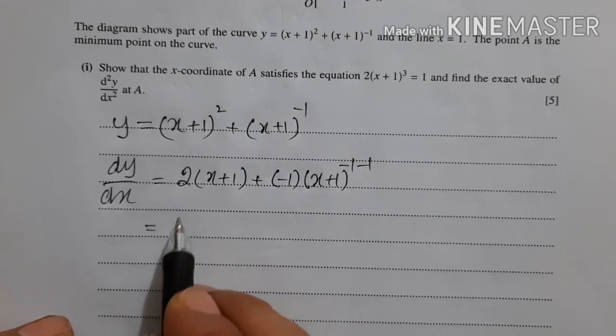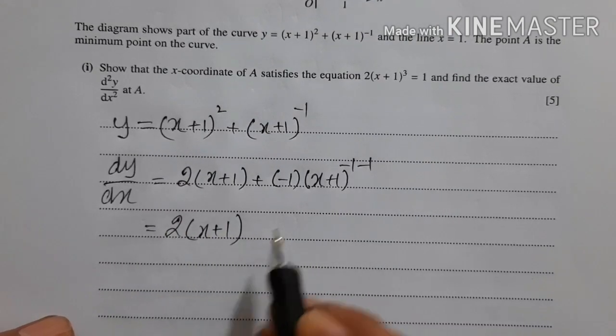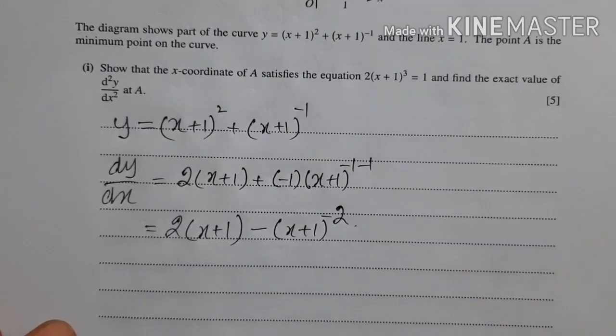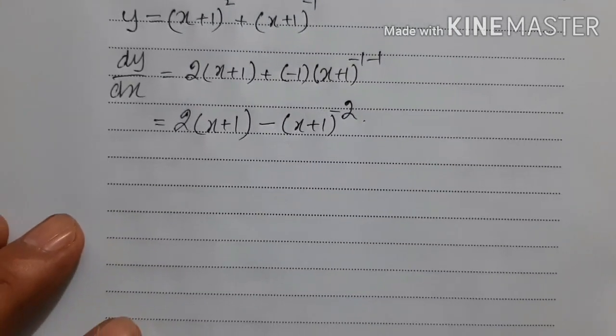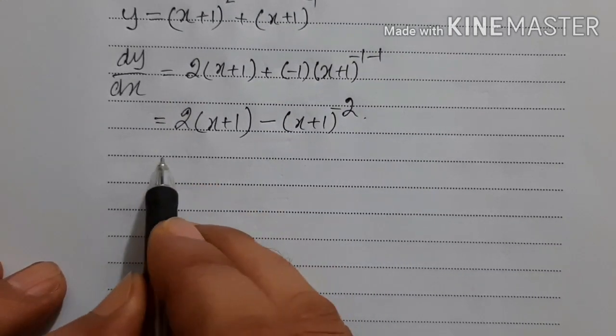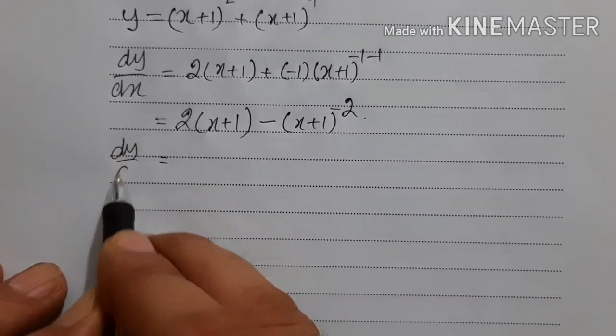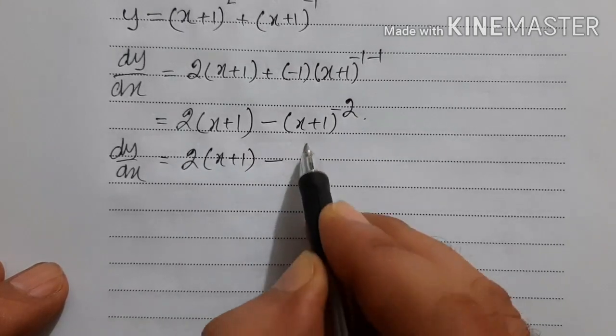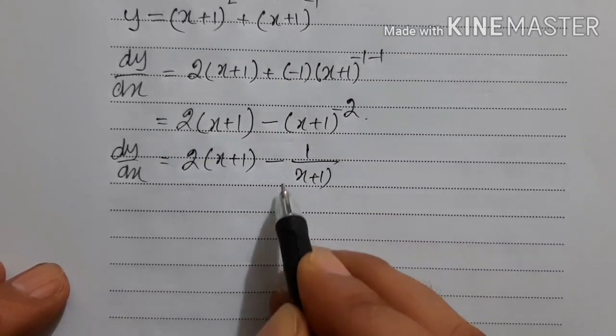So this will be 2 into (x plus 1) minus (x plus 1) raised to power minus 2. Or we can write it as dy by dx equals 2 into (x plus 1) minus 1 over (x plus 1) whole square.